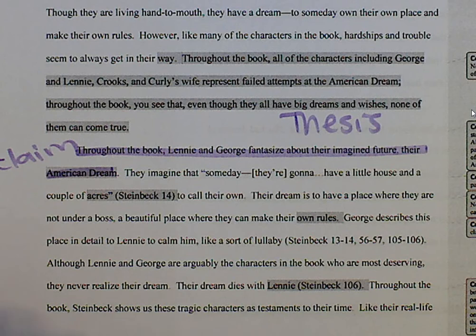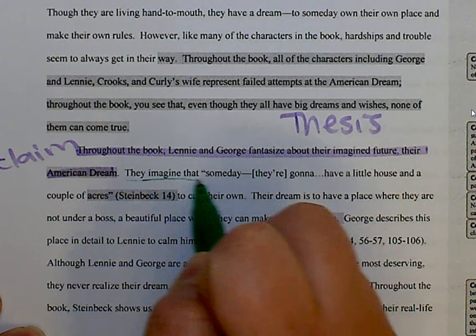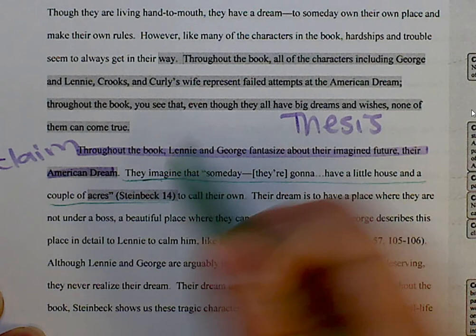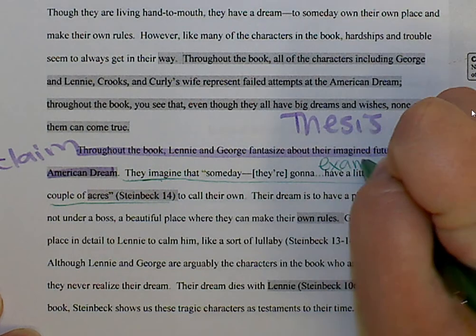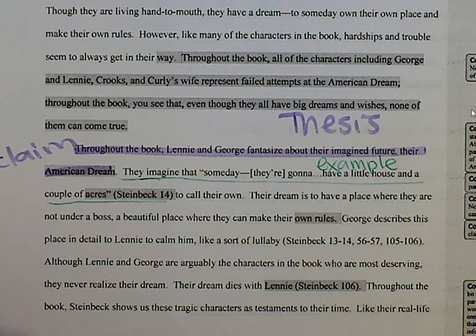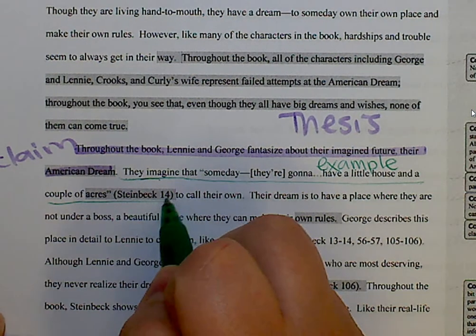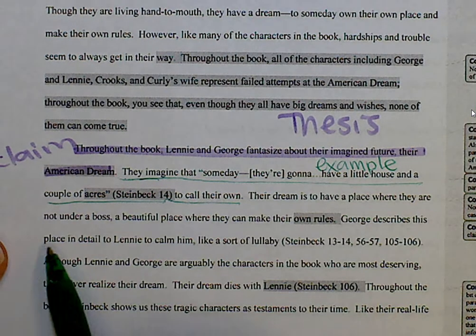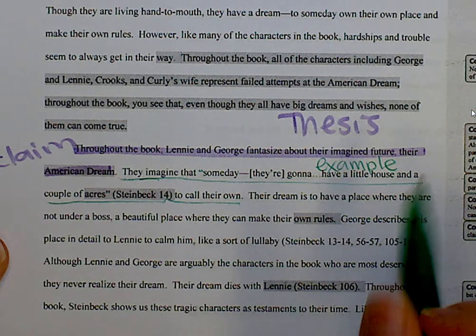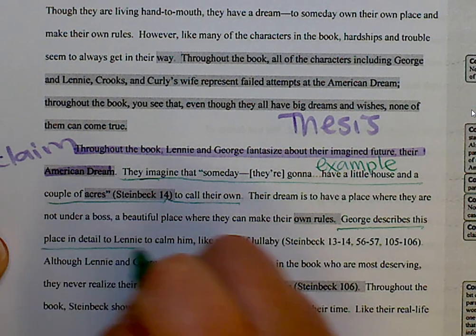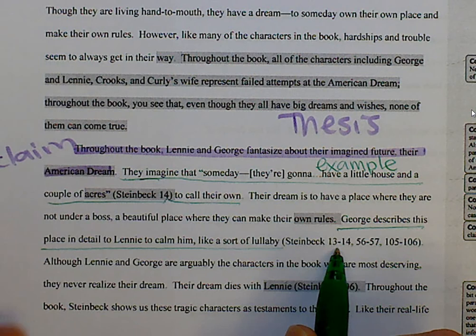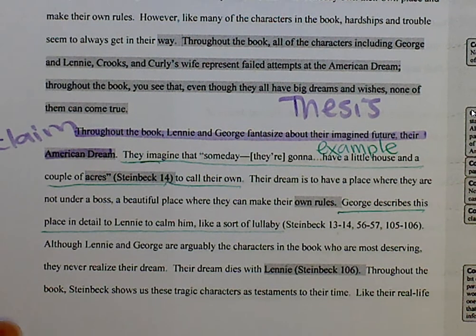So I say, they imagine that someday they're going to have a little house and a couple of acres to call their own. That's an example. And then my second example, George describes his place in detail to Lenny to calm him like a sort of lullaby. Notice I'm citing all my sources here and here. And then the dream dies with Lenny.